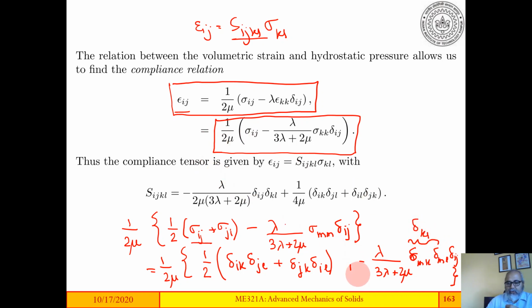So I have minus lambda times 2 mu into 3 lambda plus 2 mu, that is what I have here, times delta ij delta kl, that is what delta kl delta ij, and then I'm left with this times 1 by 2 mu, so 1 by 4 mu times this quantity.